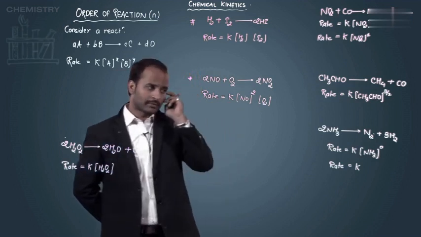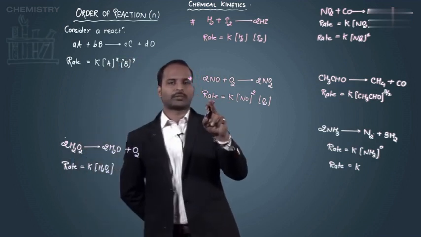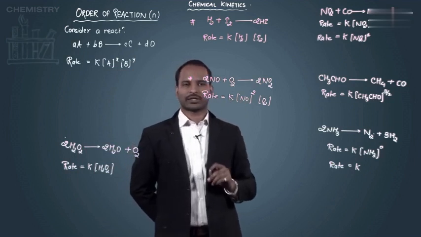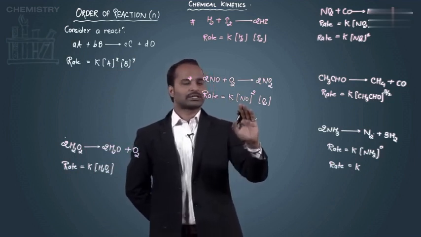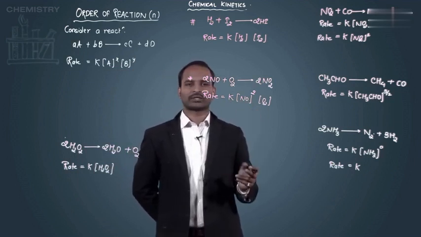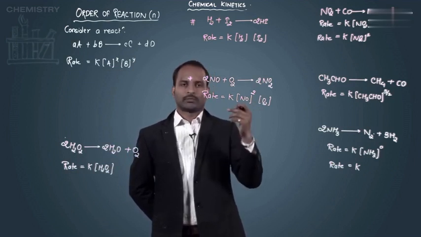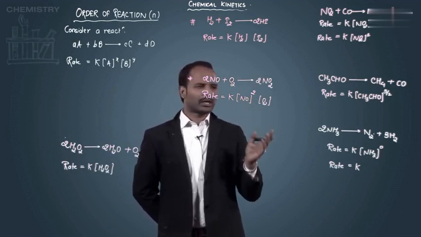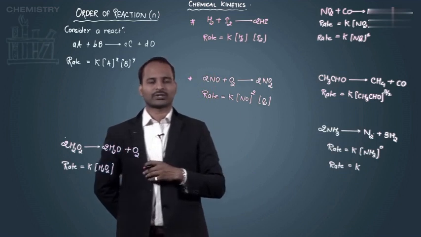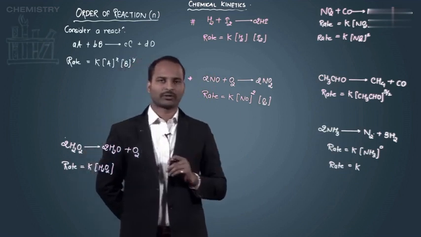So let's determine. For determining on which reactant the rate of reaction depends more, simply I will say, just change the concentration of both NO as well as O2. Change them by the same amount and just see in which case the rate of reaction is more affected.